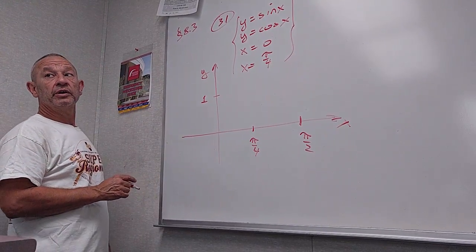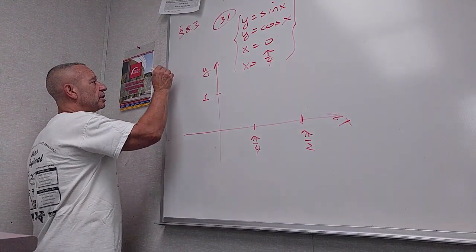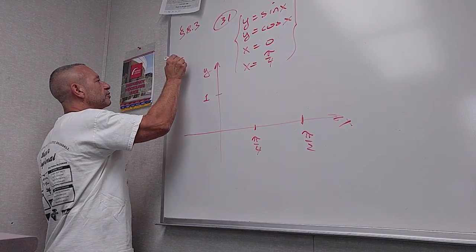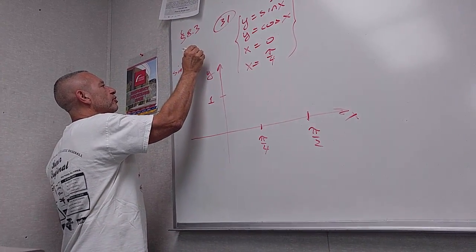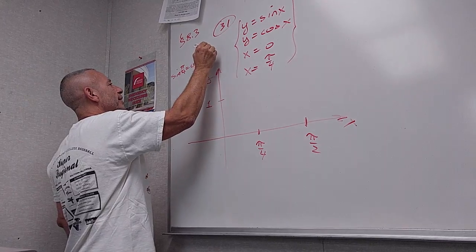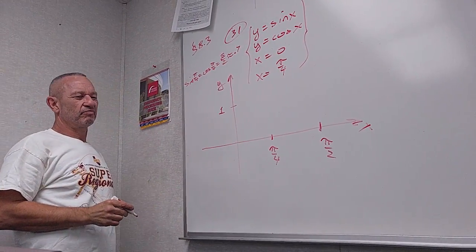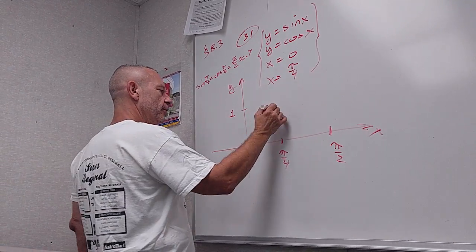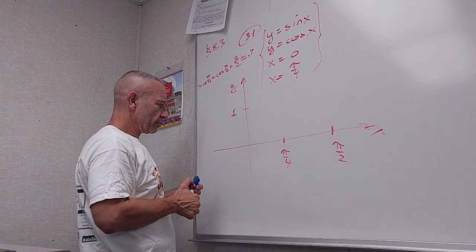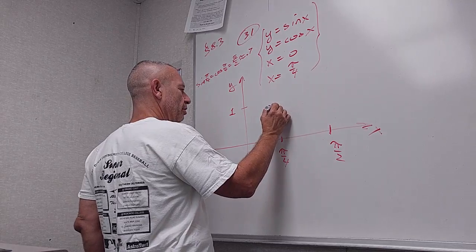Sine and cosine are equal at pi over 4, right? The sine of pi over 4 equals the cosine of pi over 4, which is rad 2 over 2, about 0.7, just very roughly. So we have a point of intersection roughly there.